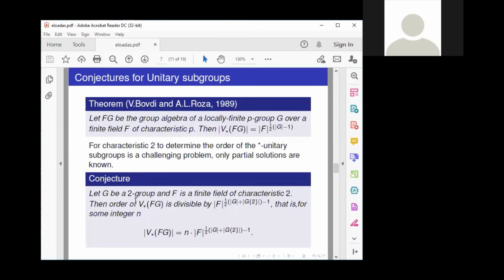Let G be a 2-group and F a finite field of characteristic 2. Then the order of the unitary subgroup is always divisible by this expression. It depends on the order of the group, the number of elements of order 2 and the cardinality of the field. Actually, this sentence seems to be true for some n.